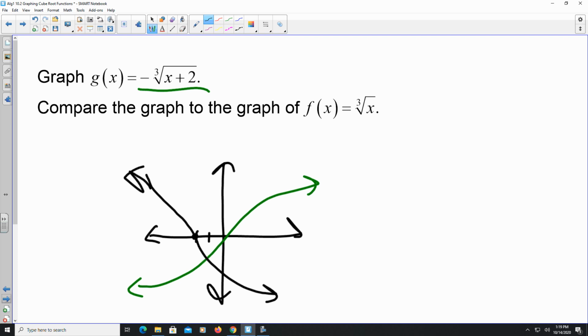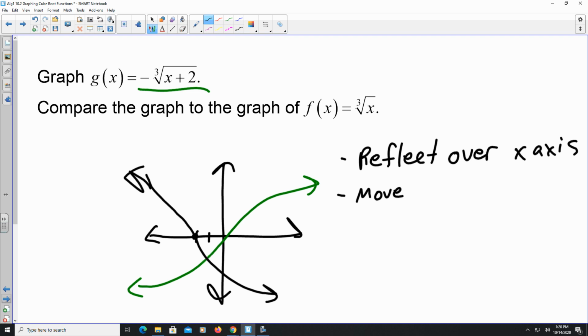In this case, you're reflecting over the x-axis because of the negative on the outside. And because h is -2, you actually move the graph 2 units to the left.